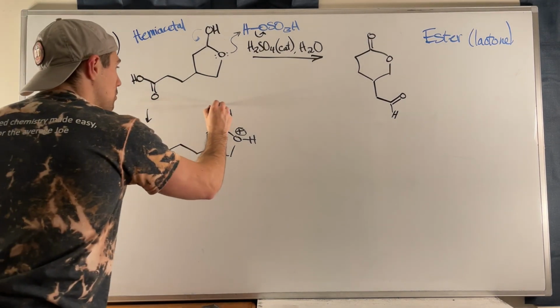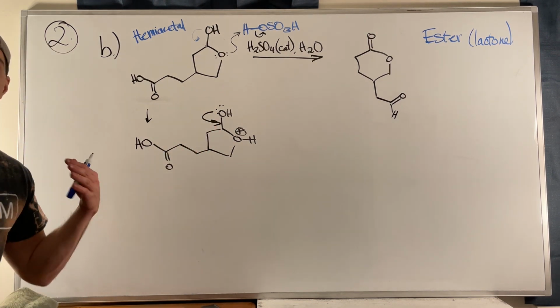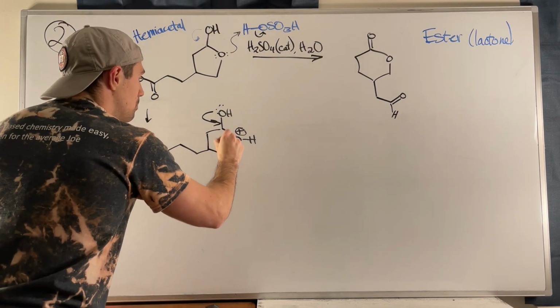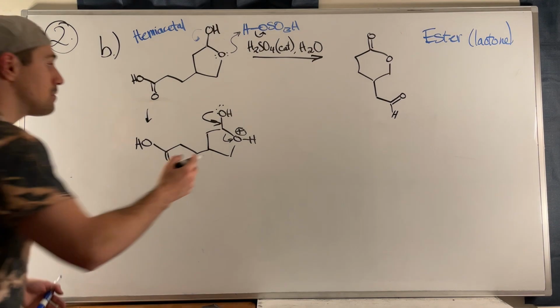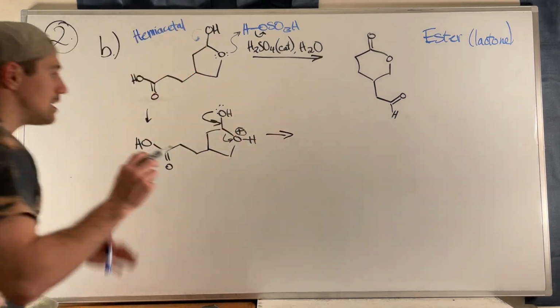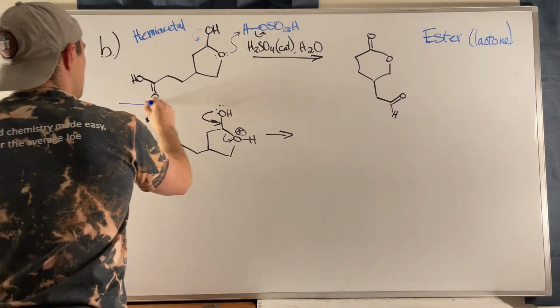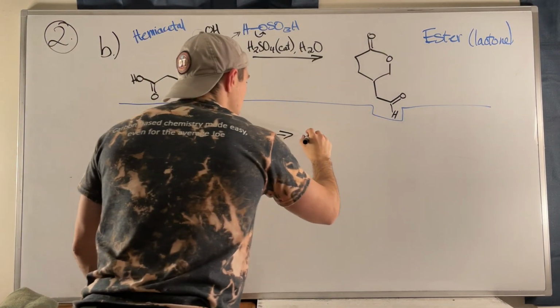What's going to happen now is this is now a good leaving group. We swing down electrons, we reform our carbonyl, and in doing so, we need to boot a good leaving group, and now we have that since we've protonated the oxygen that's embedded in the ring. So in doing so, I'm going to draw a line here so we don't get mixed up with the problem up here. We're unraveling the hemiacetal.